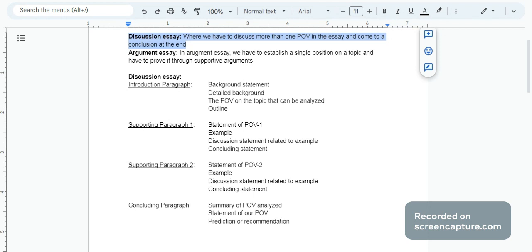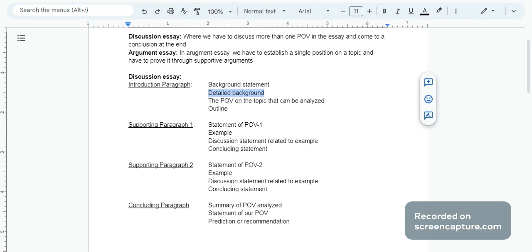In a discussion essay's introduction paragraph, the first sentence is the background, so write about the background. The second sentence of the first paragraph is a detailed background, just another line related to our first statement, about the history of the topic.